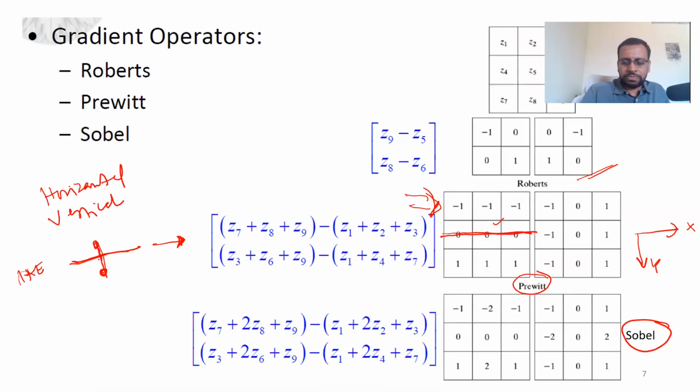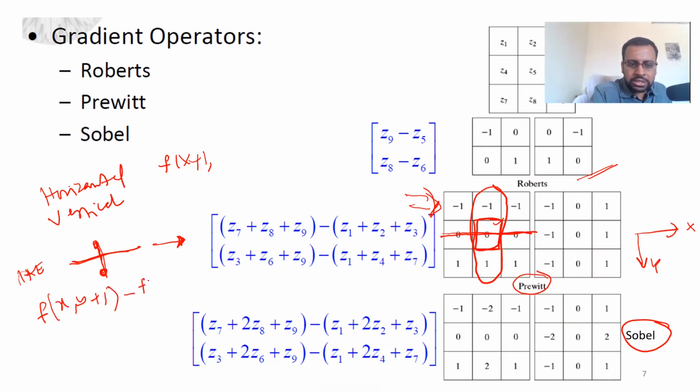So that means if that is a correlation mask, it's equivalent to f of, just consider for the time being this part, okay? So I can write it as f of x. Consider this as your center, okay? Then give me the expression for that. What do these two imply? f of x comma y plus 1 minus f of x comma y minus 1.